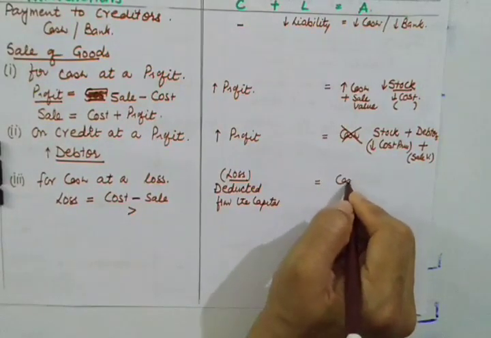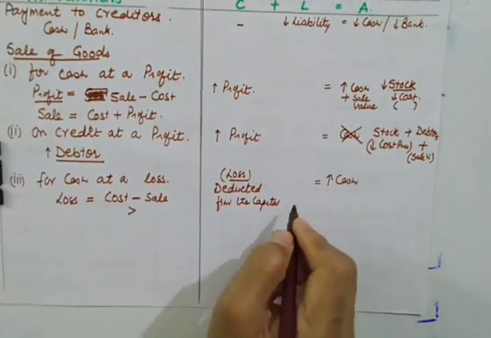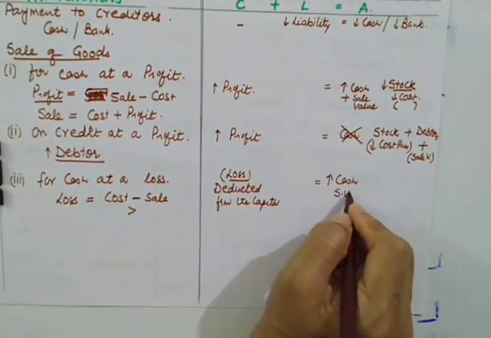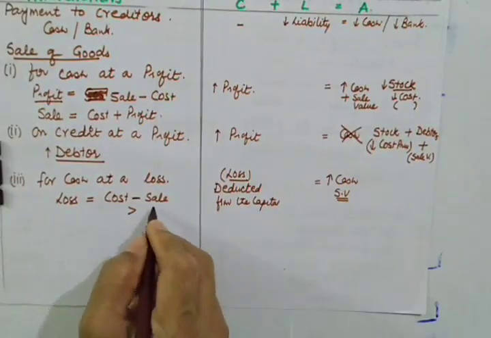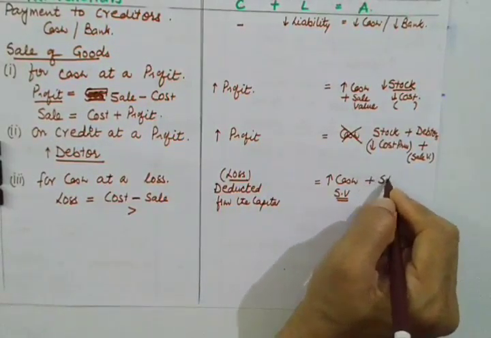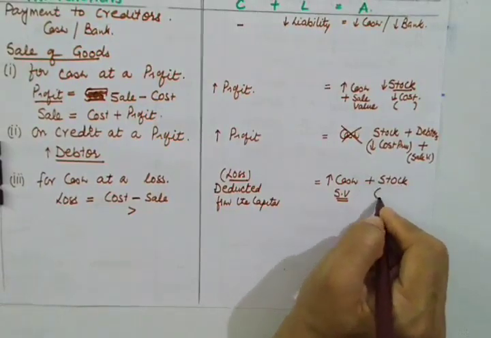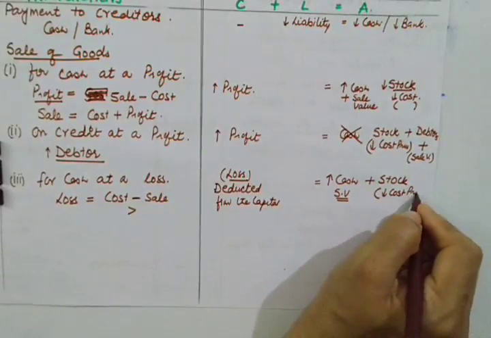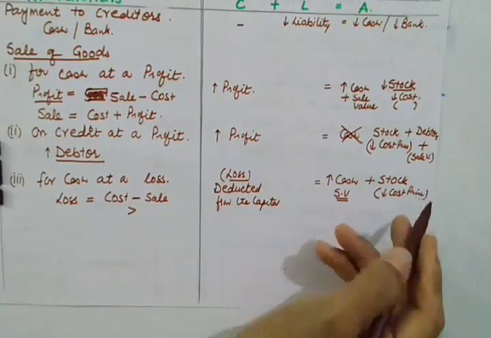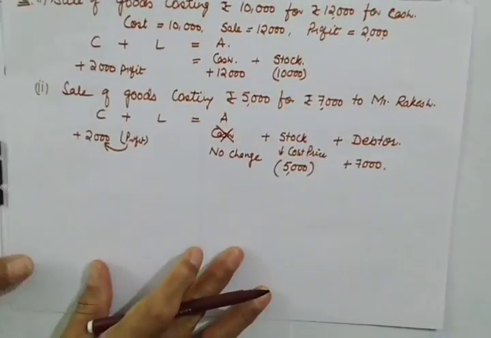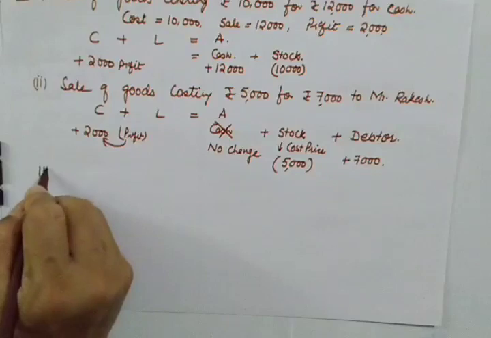Then cash will increase, because you are selling goods on cash with the sale value, and here sale value will be less than the cost. Moreover, your stock will reduce with the cost price, and no debtors because you are not selling on credit basis. So let us take an example for this also. Third example under the same category.